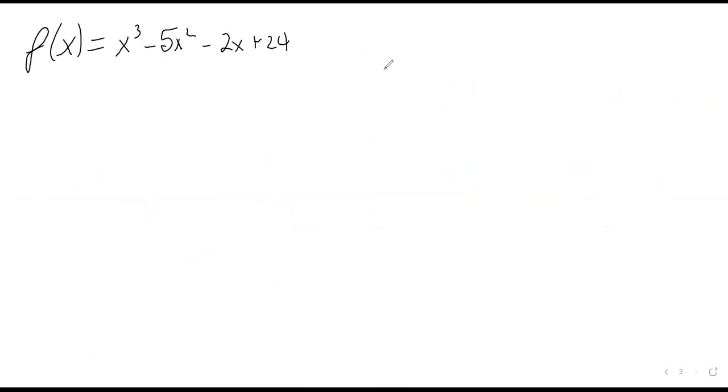Because my constant term is still 24. My leading term is still 1. So it's still just all the factors of 24. Now, because I already did the ones, I'm not going to redo that because it's not going to work, right? I already tried those.